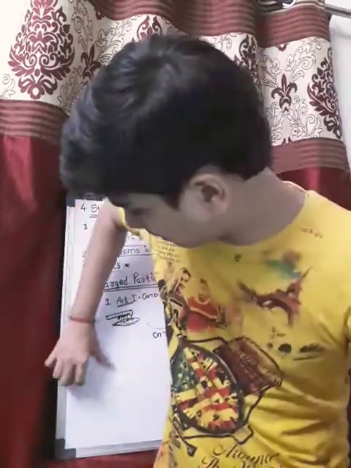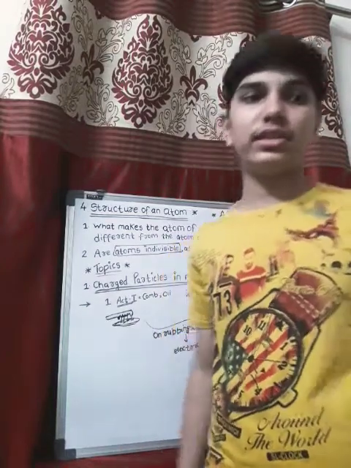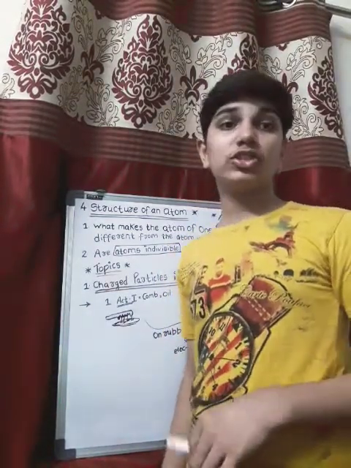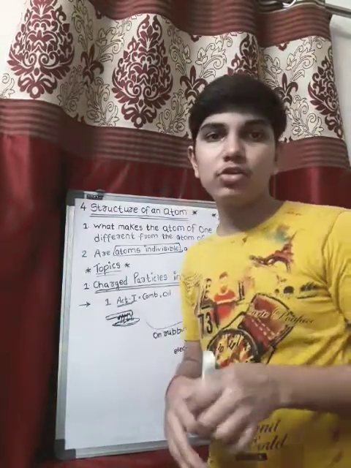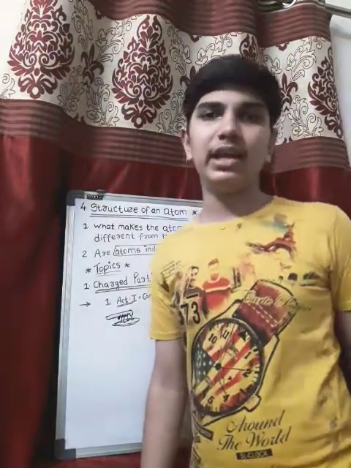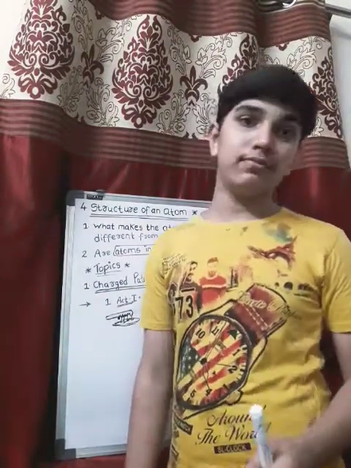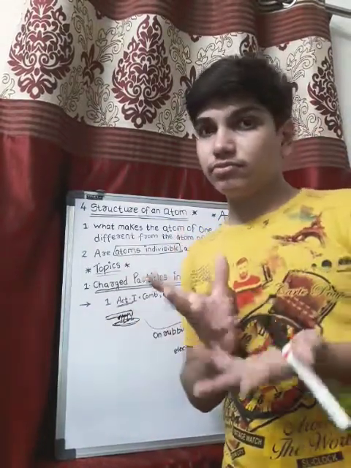Even before the electron was identified by J.J. Thomson, it was identified early by a scientist called E. Goldstein in 1886. That is just 14 years, but 14 years is a very vast thing.